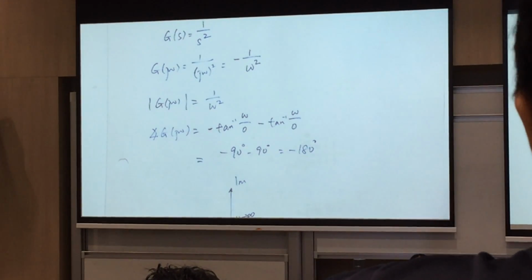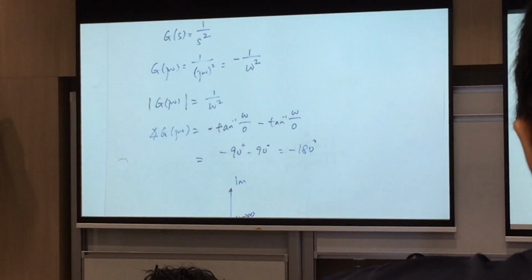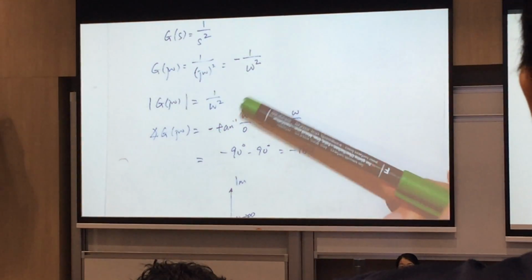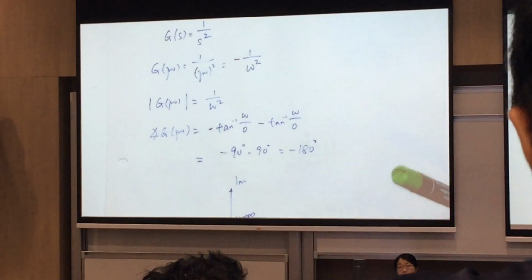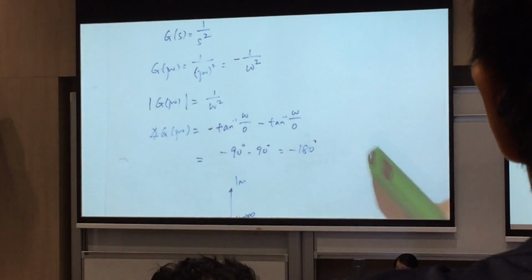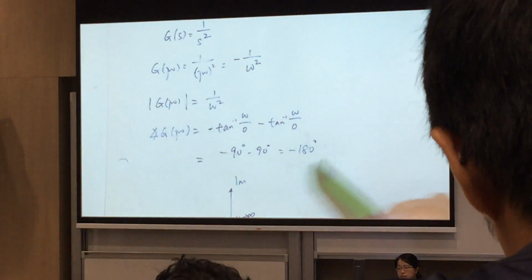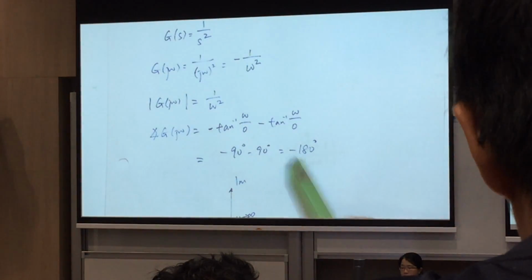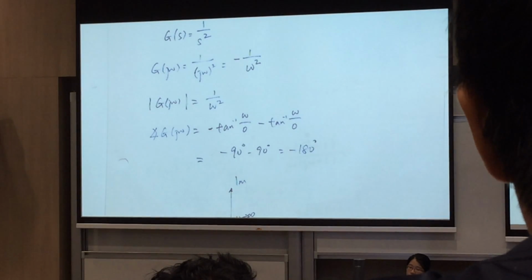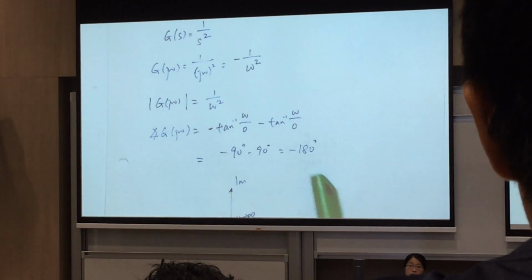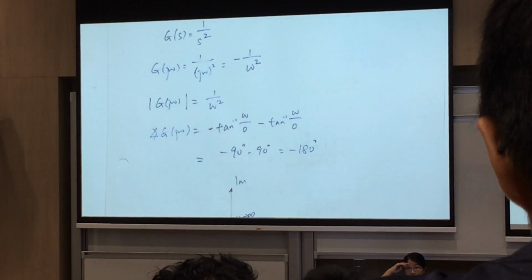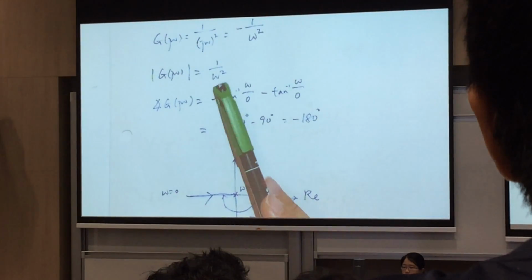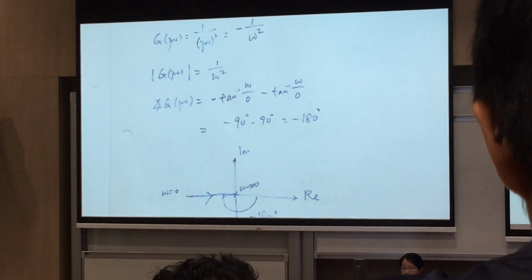This is already in the lecture. We also have the form in the lecture. How do you do this? Just substitute omega from 0 to infinity. You know that the plot will stay at minus 180 degrees. Minus 180 degrees is the negative real axis. If we substitute omega equals 0, we have infinity.